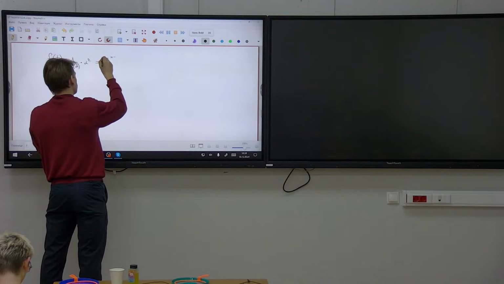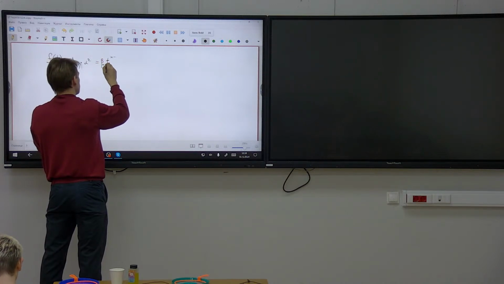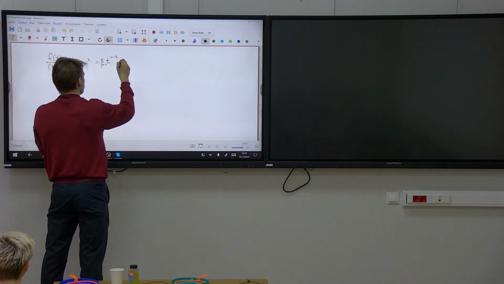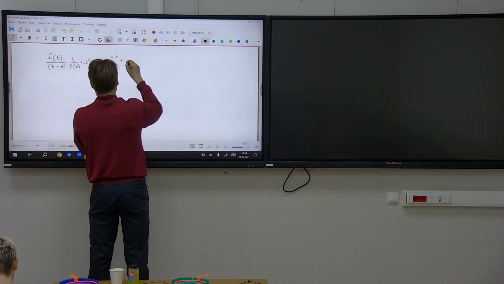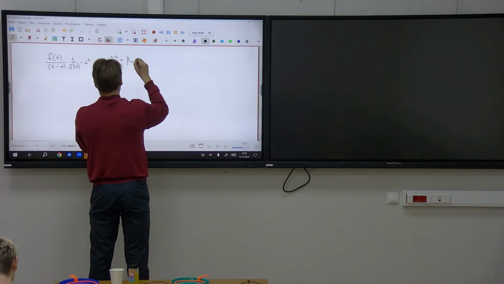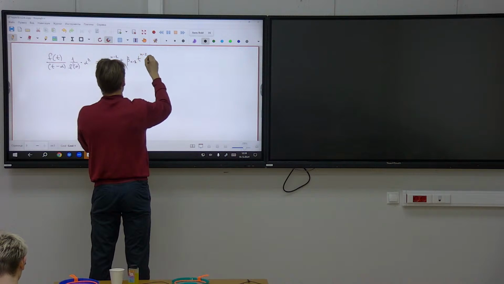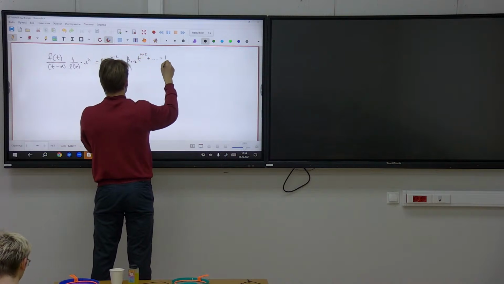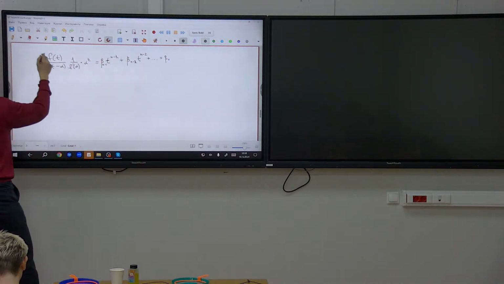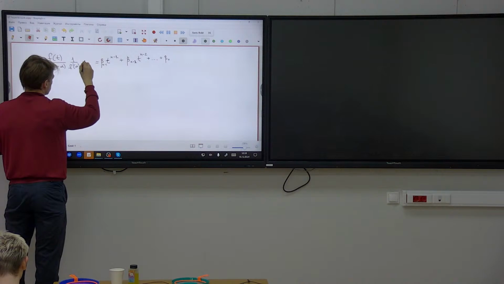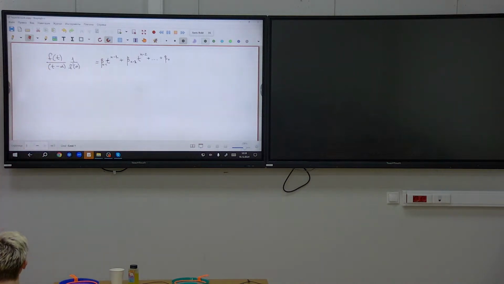So here you have beta n minus 1 t to the n minus 1, and it is not an integer polynomial, plus etc. plus beta 0. So let us omit alpha r.